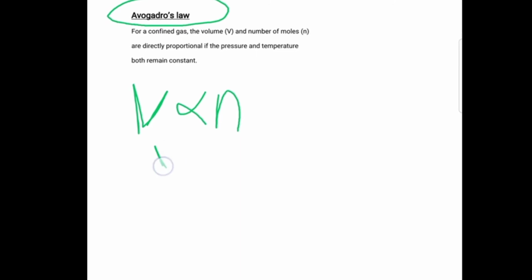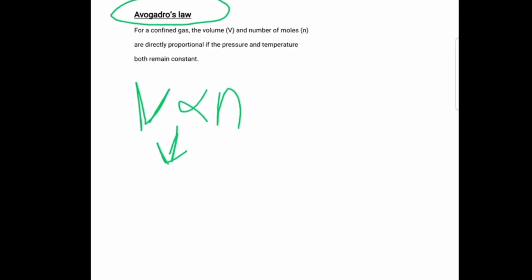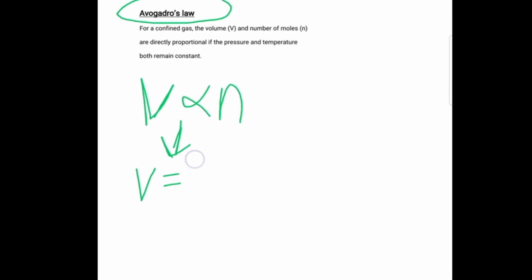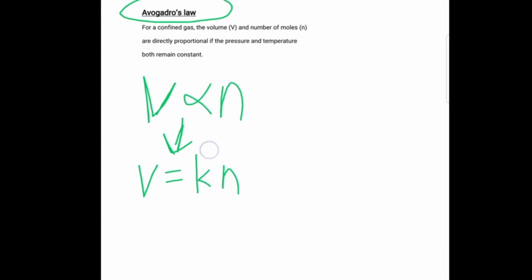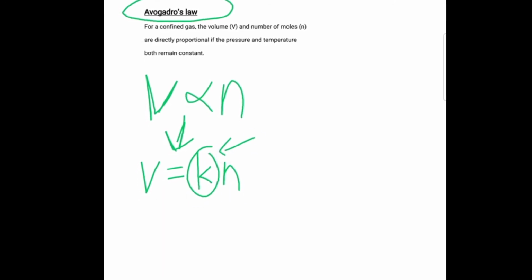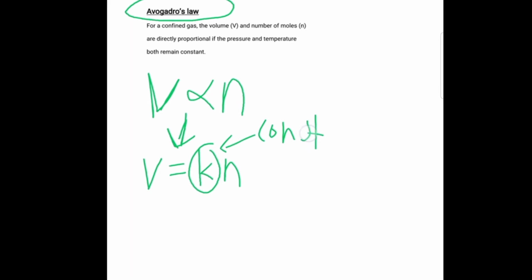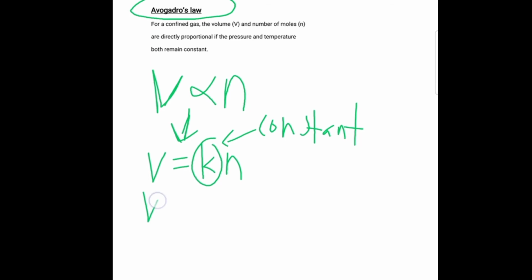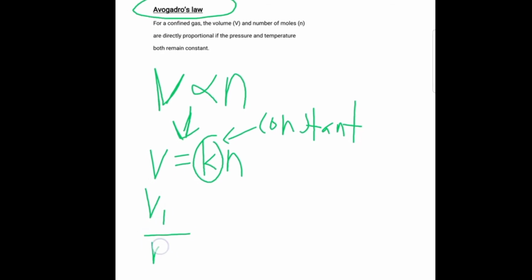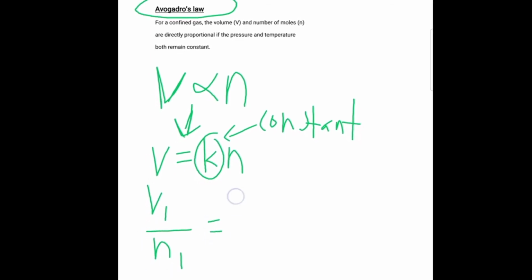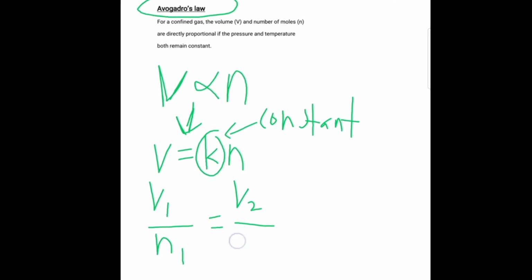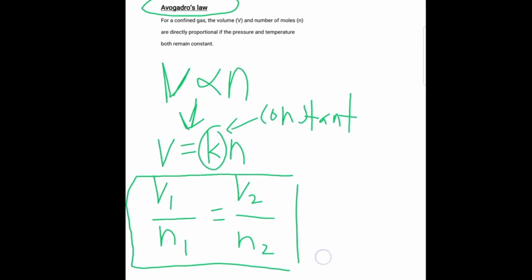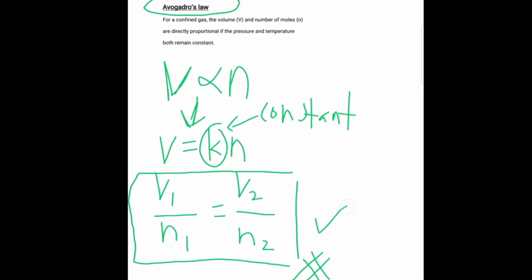If we change it to an equation, it will be V equals k, where k means constant. So V1 over N1 equals V2 over N2. This is how we get the equation for Avogadro's law.